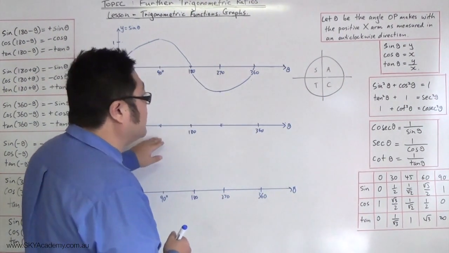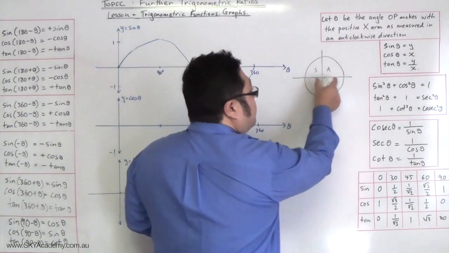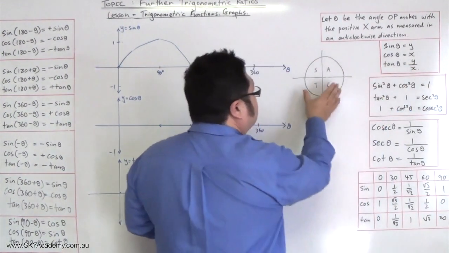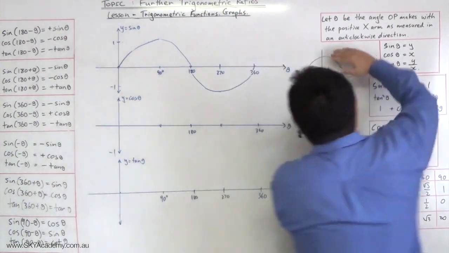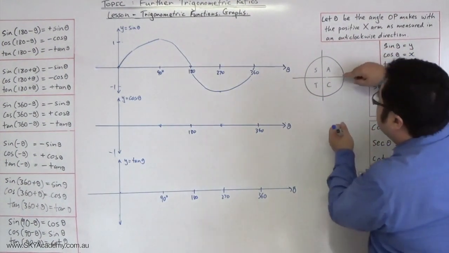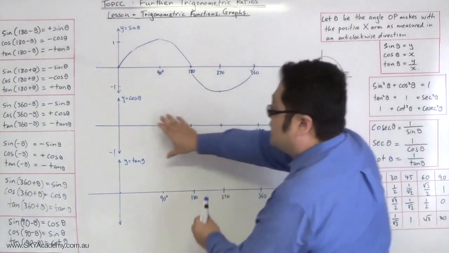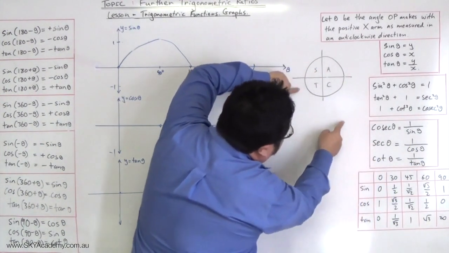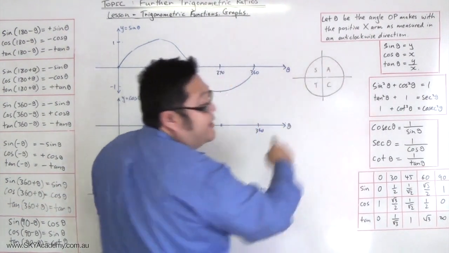In terms of the cos graph, what's going on is you're looking at the horizontal displacement. So instead of looking at the graph going up and down like this, we're actually looking at it side on, so it's almost like this graph is going this way and following the graph going this way as theta goes around in a circle.